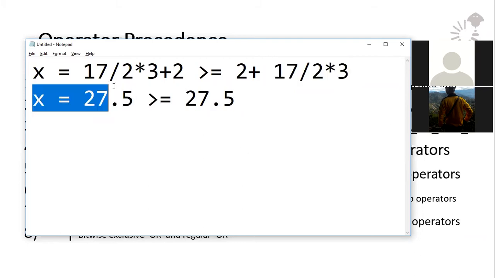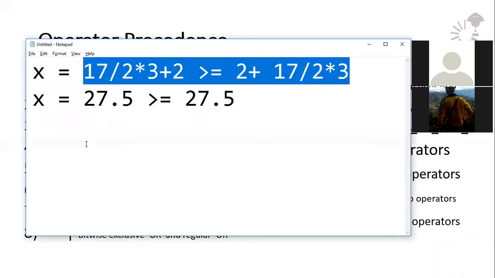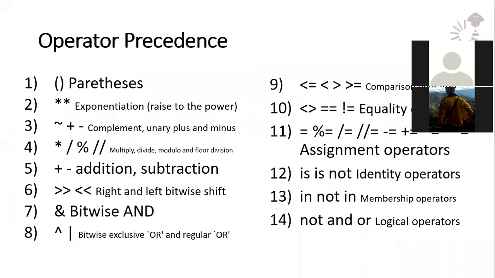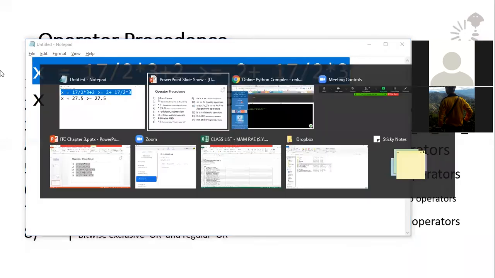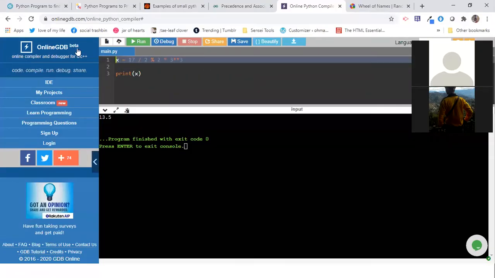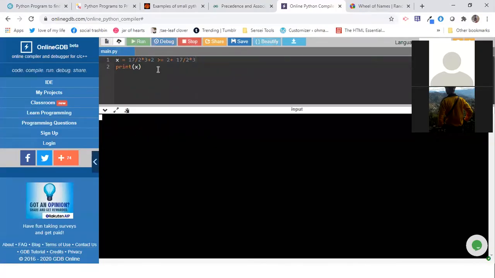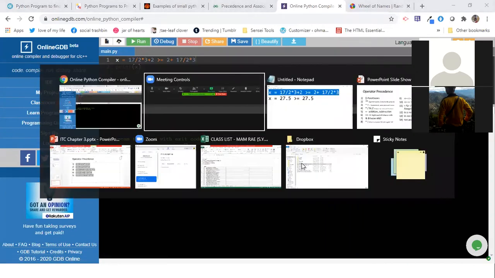Let us check. True. All right. Question? Okay tayo sa precedence. You'll have more exercises sa precedence on Friday on your modular schedule.